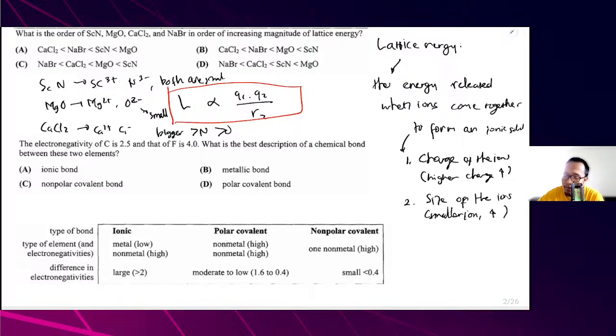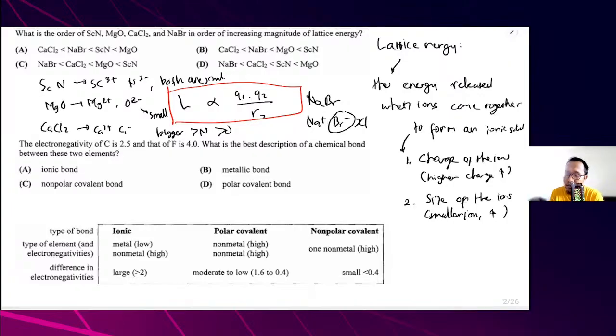The last one is Na and Br. Na is plus and Br is minus. Br is bigger than Cl.